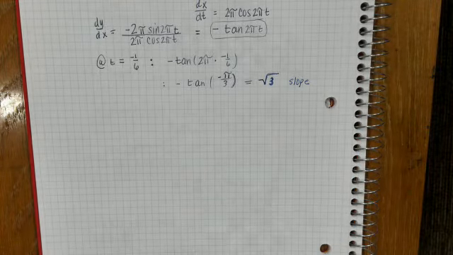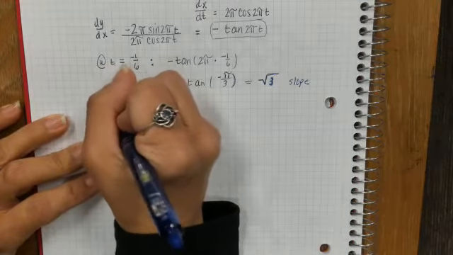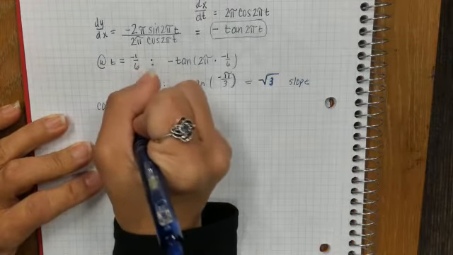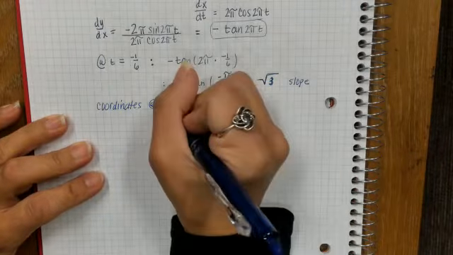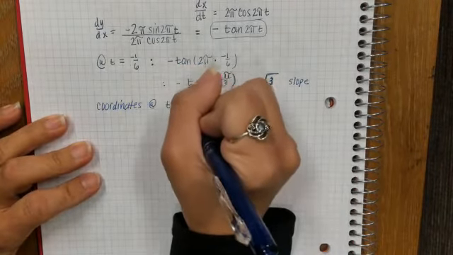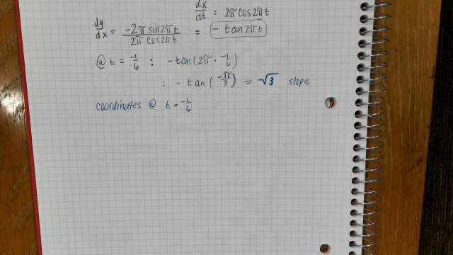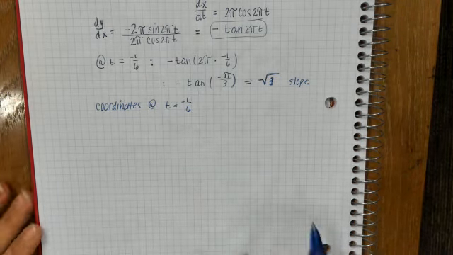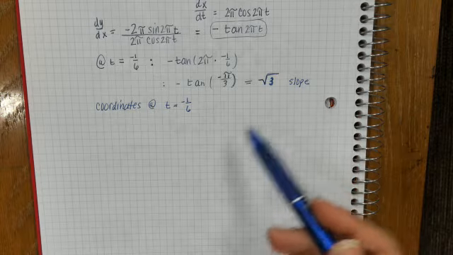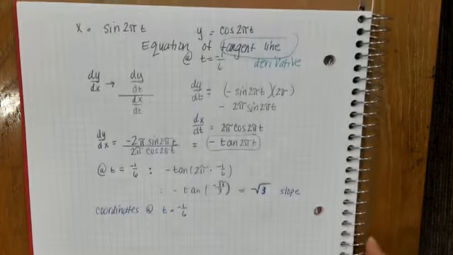Okay, so this is the slope. That's not the equation of the tangent line. So I also need to find out what the coordinates are at t equals negative 1/6. This is going to be tough because initially we say, you have your variable x, you plug it back into the original function.